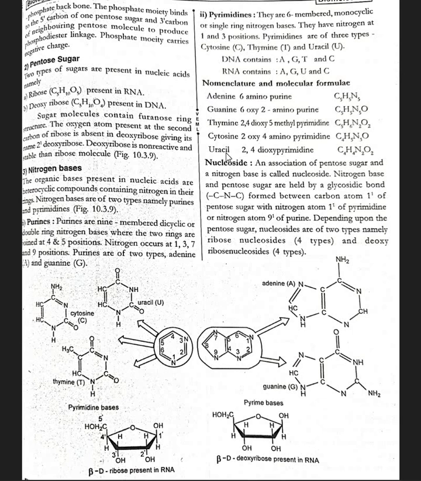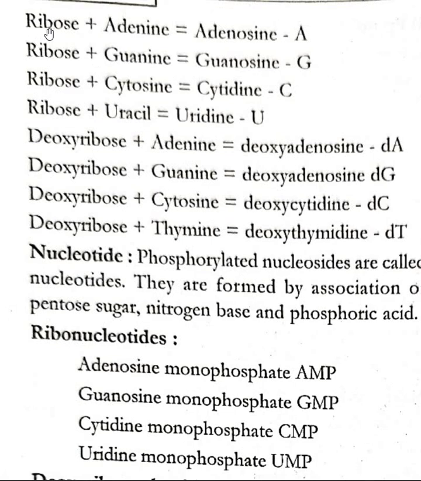Coming to another terminology in the nucleic acid, that is called a nucleoside. There are two terms, nucleotide and nucleoside. Look here, a ribose sugar with adenine is called adenosine. Adenosine means A, adenine.